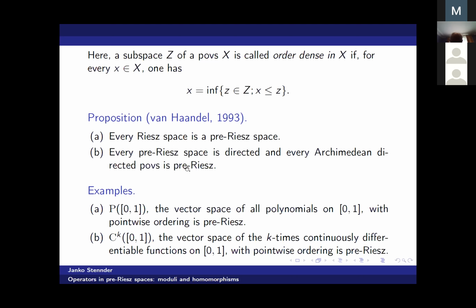And from this property we already get quite a big collection of examples, two of which would be, for example, the vector space of all polynomials on the compact interval 0 to 1, or also the k times continuously differentiable functions on the compact interval. Those are both pre-Riesz spaces as they're Archimedean and directed.